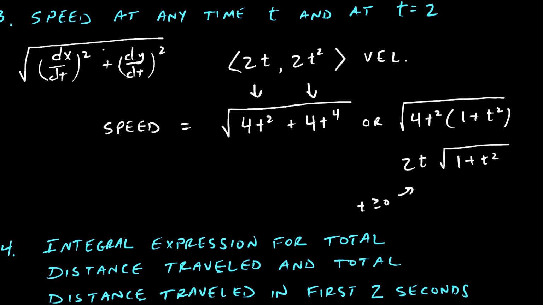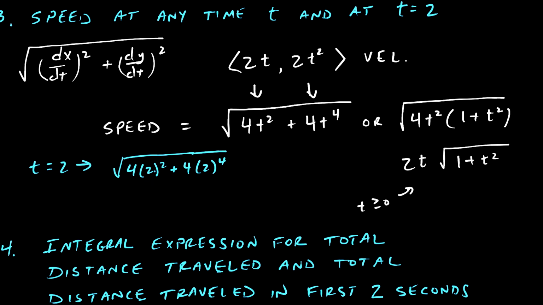And then if we wanted at t equals 2, let's write that down. At t equals 2, we simply substitute t in. I'll substitute it into our original equation, just so we can see that. 4 times 2 squared plus 4 times 2 to the 4th.